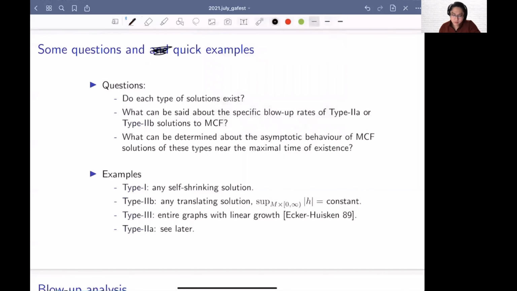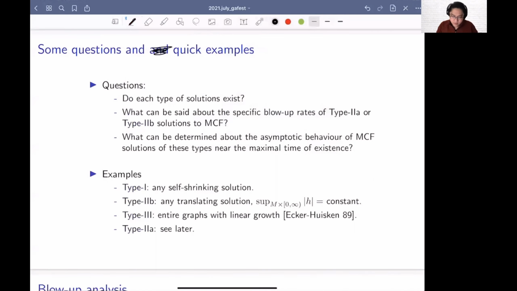We can also provide some quick answers. Well, the natural question is: does each type of solution exist? And if so, what can be said about, for example, the blowup rates of type 2A and type 2B?